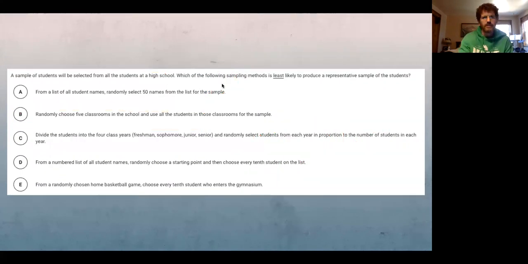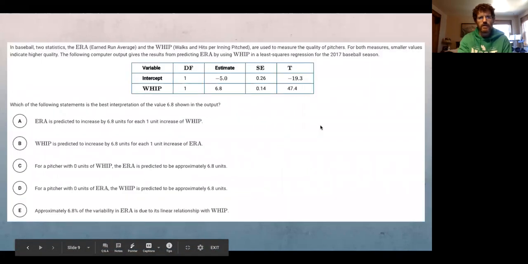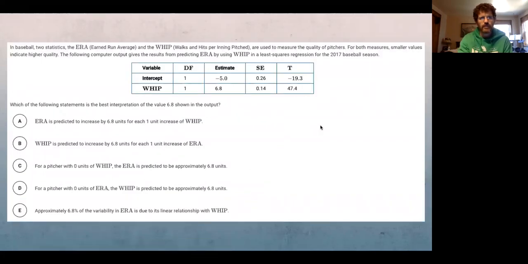So I think the takeaway as far as just concepts on that one is, this is a very applied question. I mean, a lot of these are. But we want to be thinking about what is being predicted, what's the explanatory variable here, and being careful to read this output, knowing that that's going to be something that shows up, almost guaranteed.